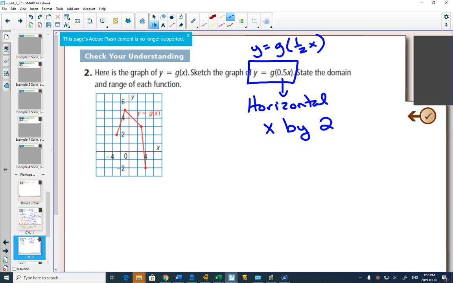I like fractions so much better than decimals, just because I feel like there's so much more you can do with them. When you see that 0.5, it's not easy to do the reciprocal of 0.5, but when you think of the fraction 1/2, it's easy to flip it and do 2 over 1. So if we're multiplying x by 2, we would say that this is a horizontal stretch.